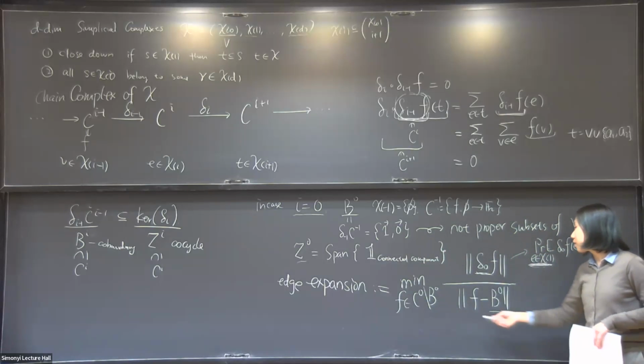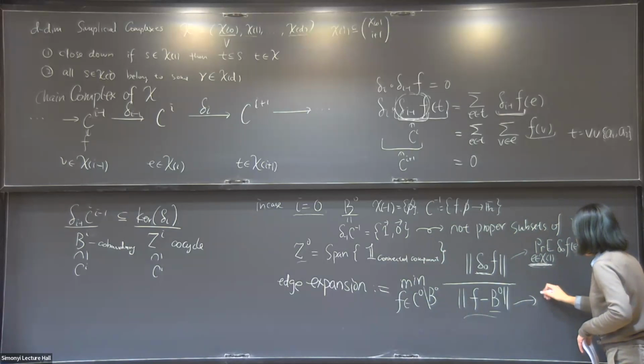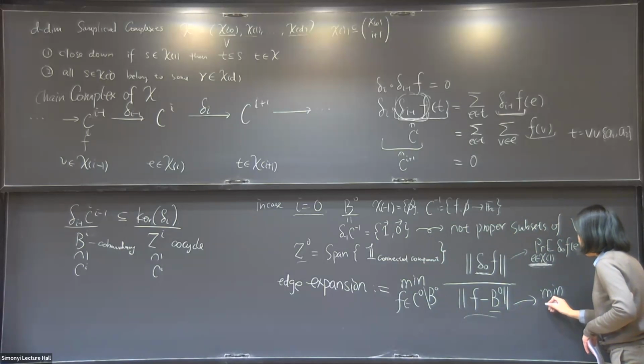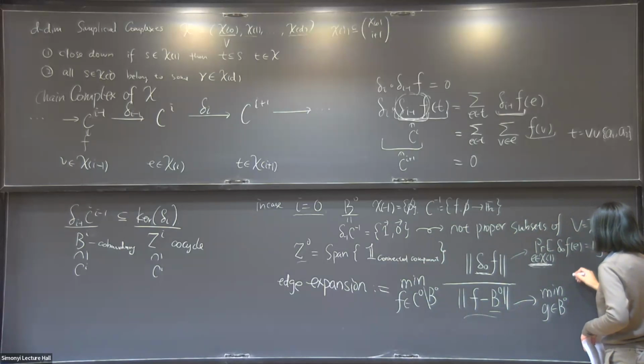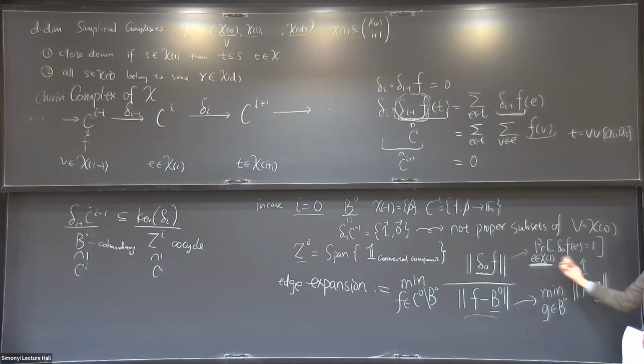And we take the min of them. So actually, this notation is really defined by taking the minimum over all G inside B0 of the norm of F minus G, where the norm is defined the same way as here, just the probability that the two don't agree with each other.